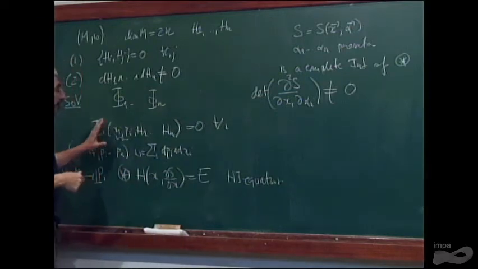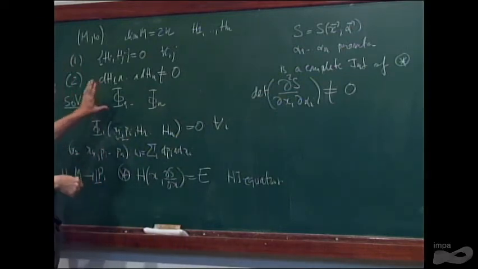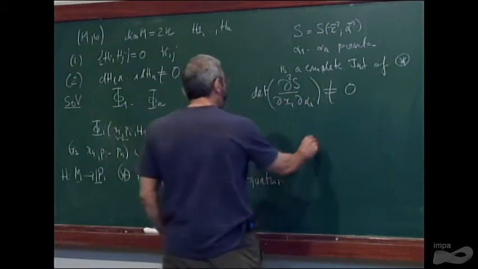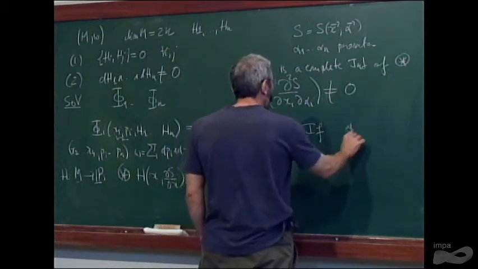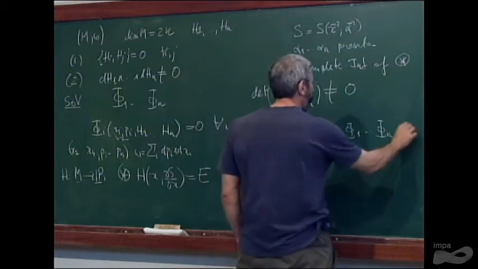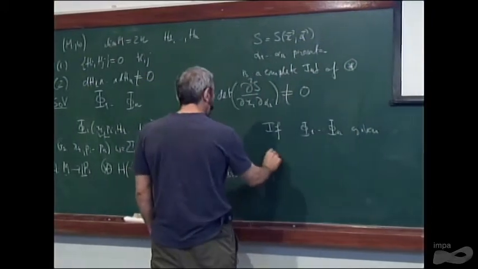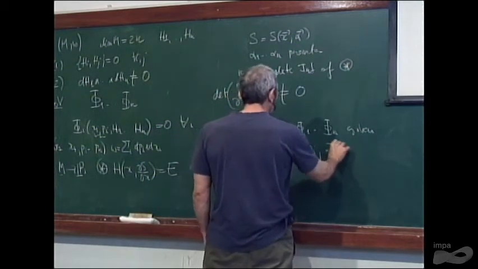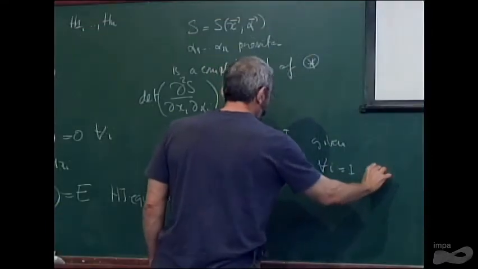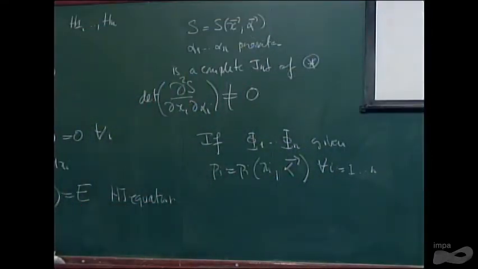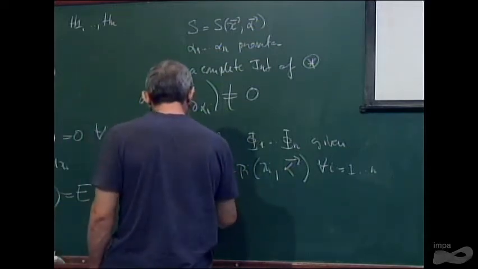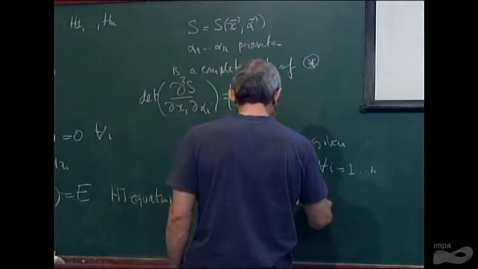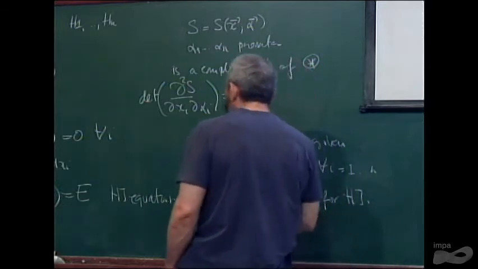It is not very difficult to prove that if these n conditions are given to you, if phi-1, ..., phi-n are given, so that we can write p_i as a function of x_i and alpha, then we can find a complete integral for Hamilton-Jacobi.